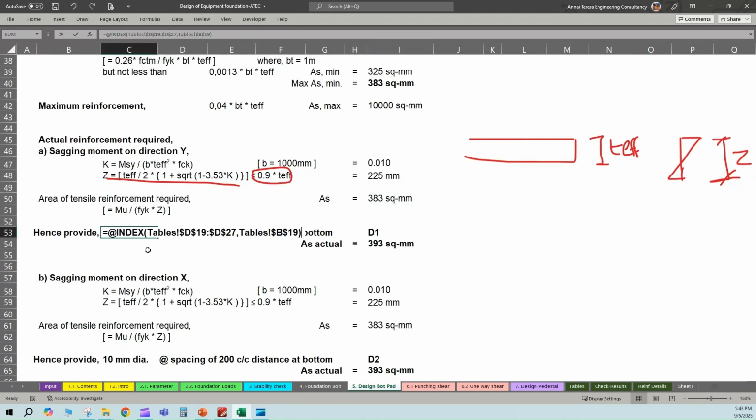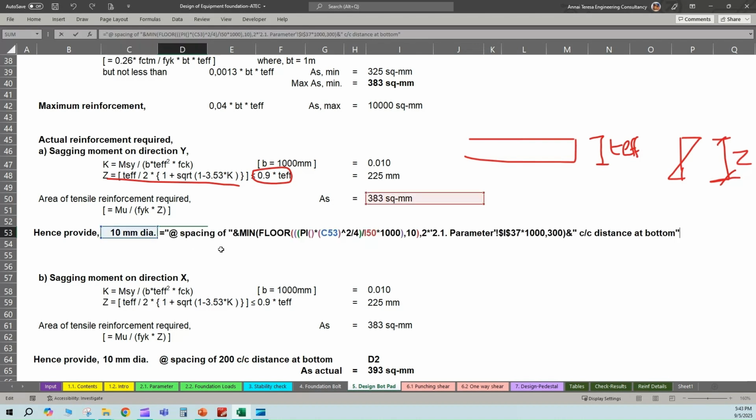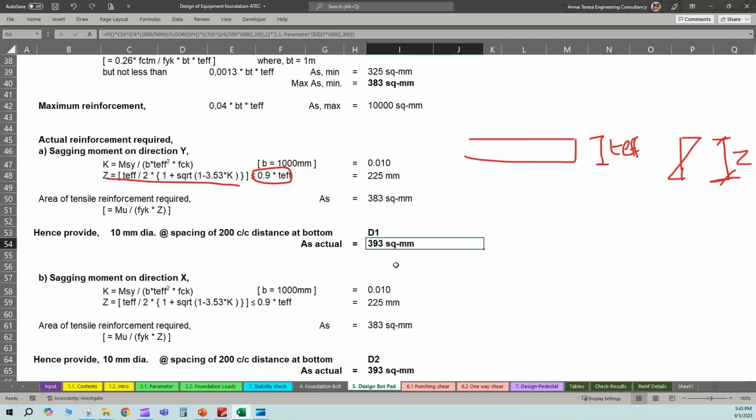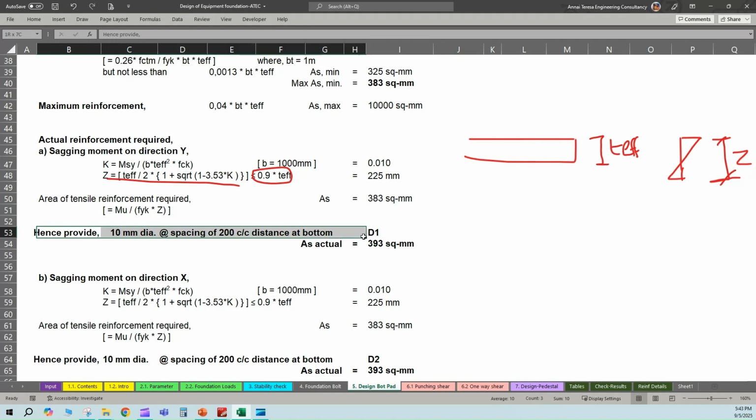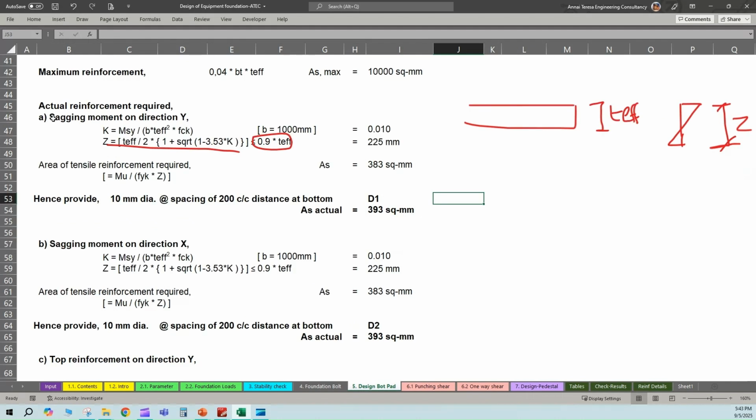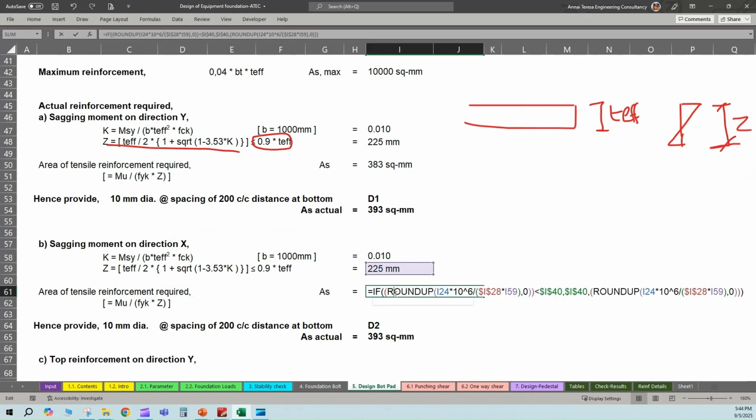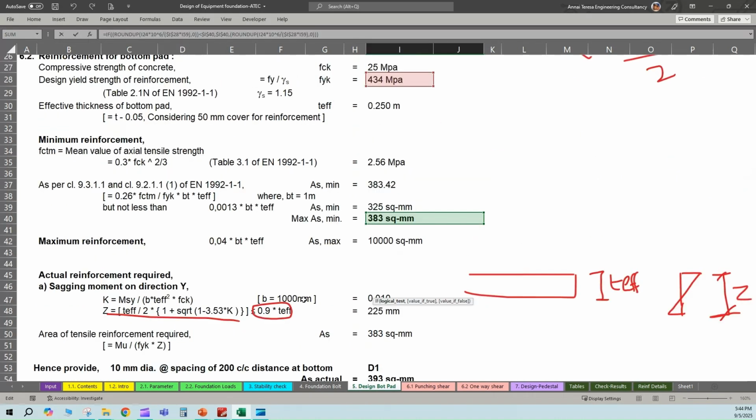By providing 10 mm diameter at 200 center to center distance, we get an actual reinforcement of 393 square mm, which is greater than the required reinforcement. So we can consider 10 mm diameter at 200 center to center distance for the bottom slab in the y direction. Similarly, we need to check the moment for the other direction, that is the x direction.